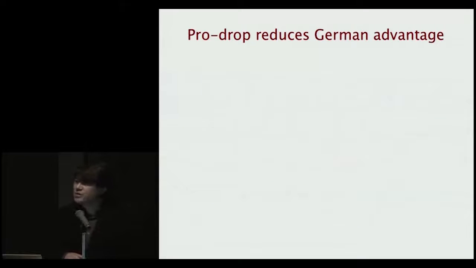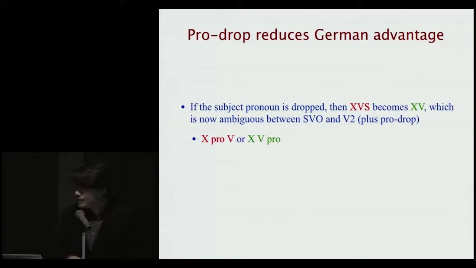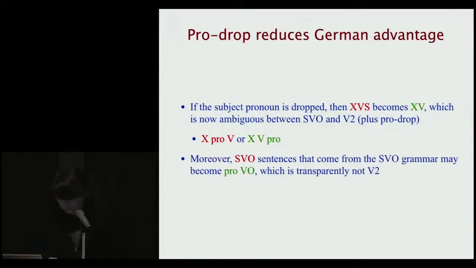So what's going on? Well, we should keep in mind that French was a pro-drop language. If the subject pronoun is dropped, you get a sentence that's usually inconsistent with SVO grammar, but if you drop the subject pronoun, it becomes XV. That's consistent with SVO grammar as long as you allow pro-drop, right? So you can posit an empty category on either the left or right side of the verb.